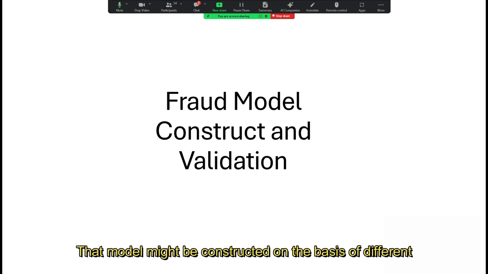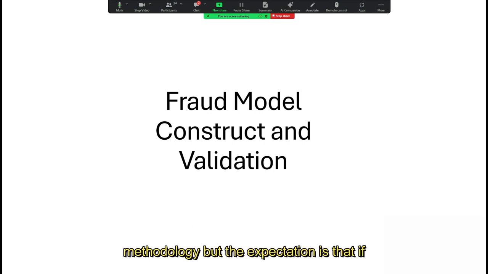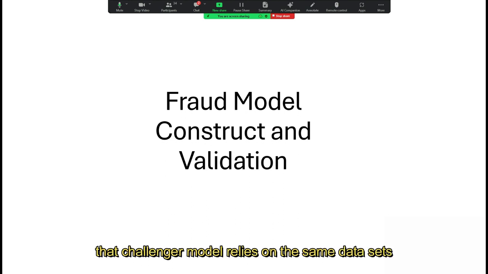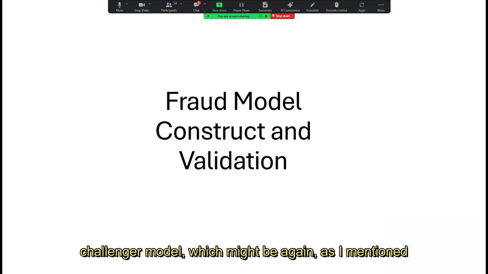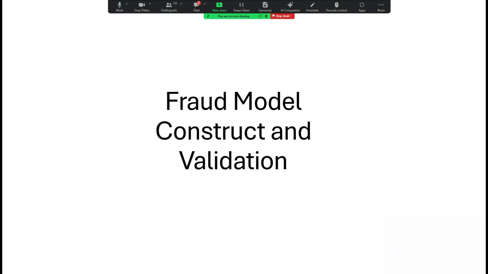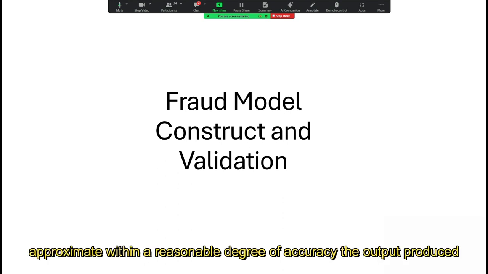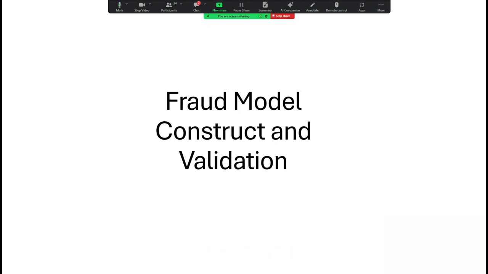That model might be constructed on the basis of a different methodology, but the expectation is that if that challenger model relies on the same data set that's ingested in this forecasting engine, then the output of the challenger model, again, might be constructed using a different approach, approximates within a reasonable degree of accuracy the output produced by the production model.